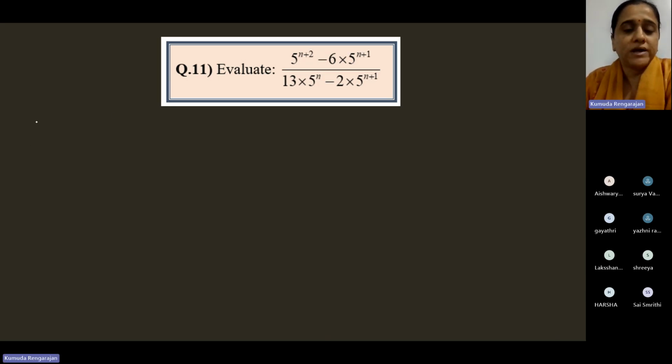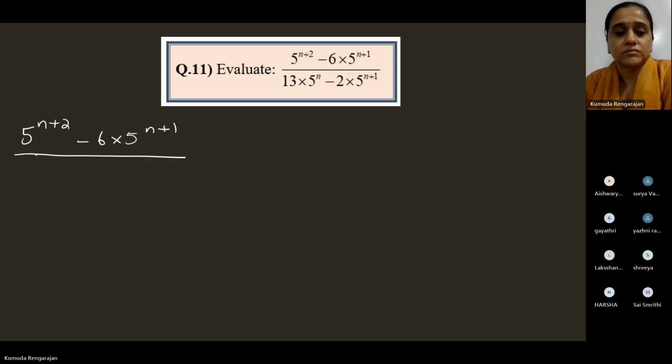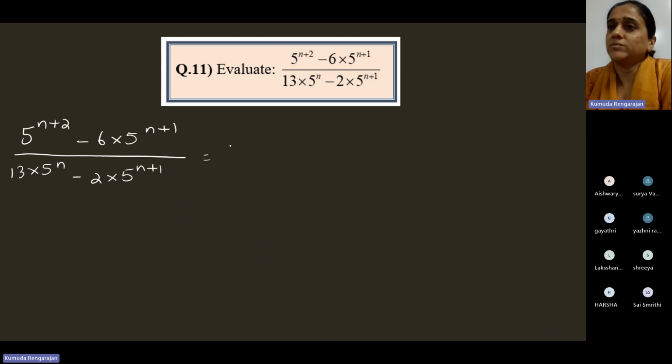Now 5 to the power n plus 2 can be written as 5 to the power n into 5 to the power 2.